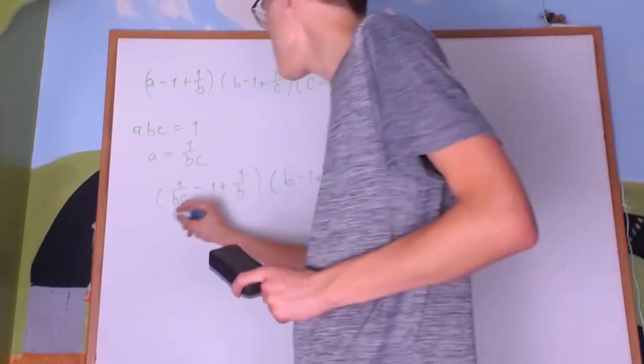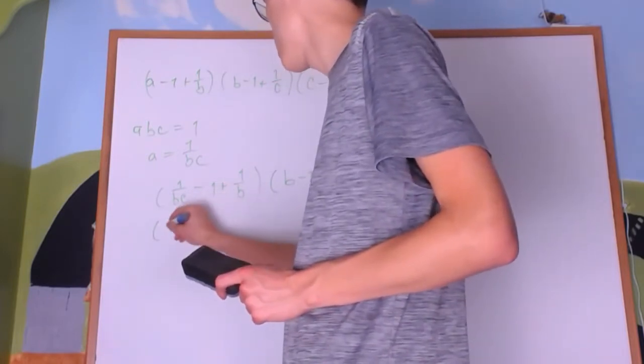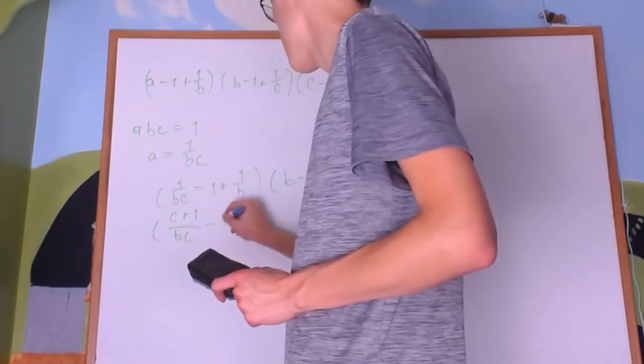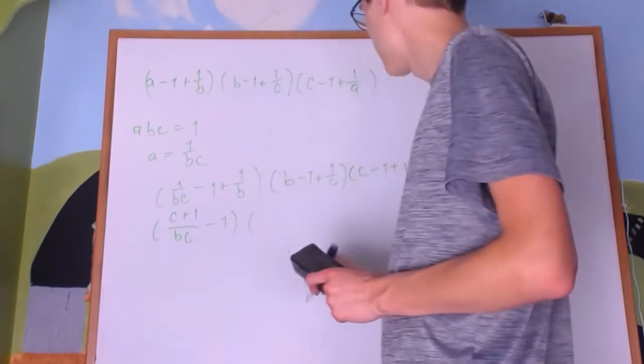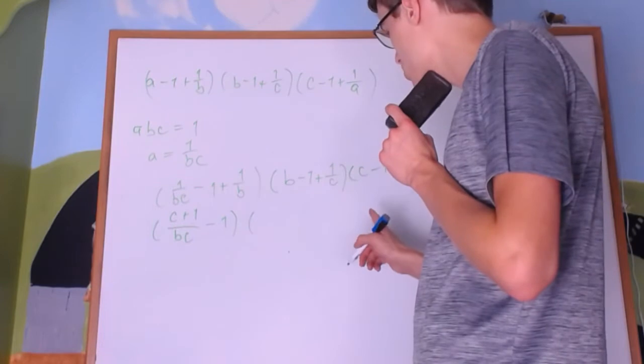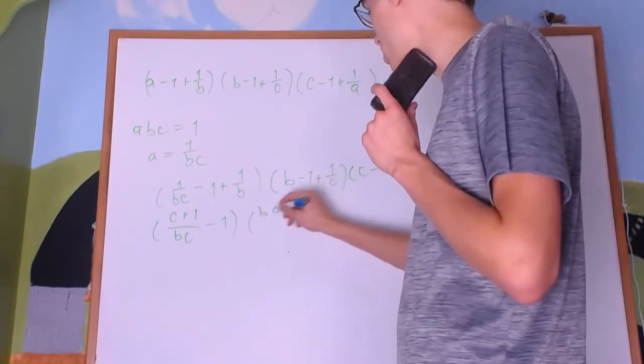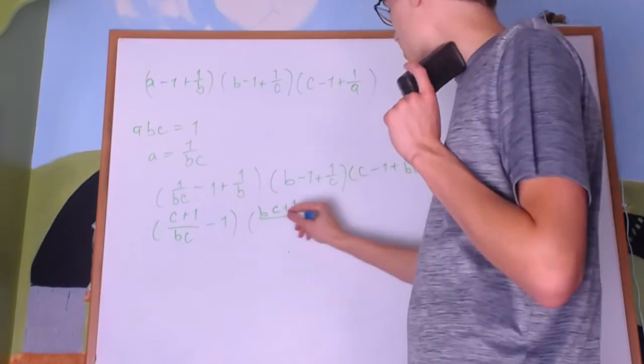So if I do a C there, that's going to be a C plus 1 over BC, then a minus 1. If I really wanted to do that one, I'd get a BC plus 1 over C.